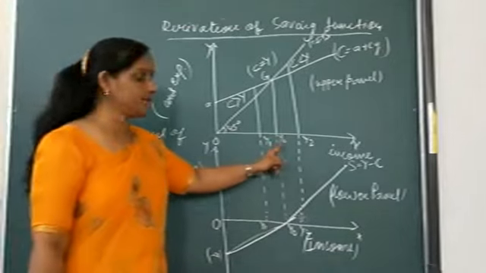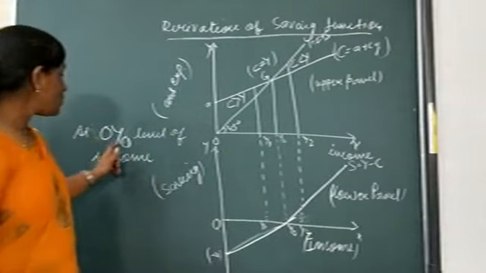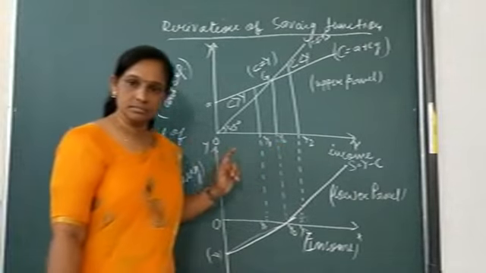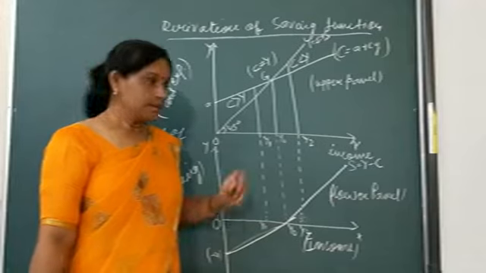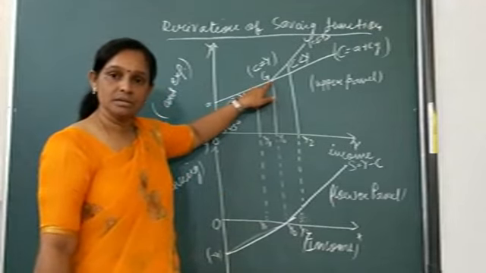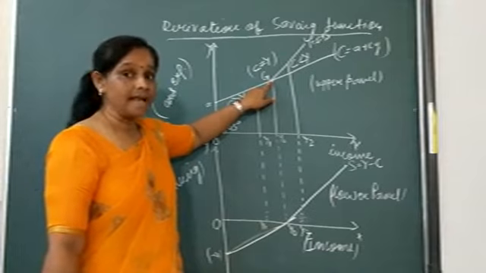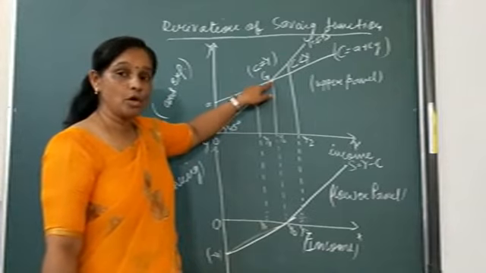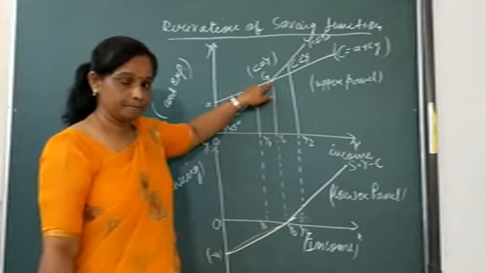Then change the paragraph, then write at OY naught level of income. At OY naught, take the second one. At OY naught level of income, desired consumption expenditure is intersecting the level of income line.